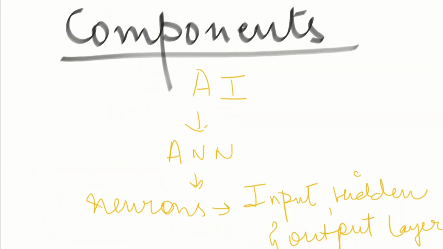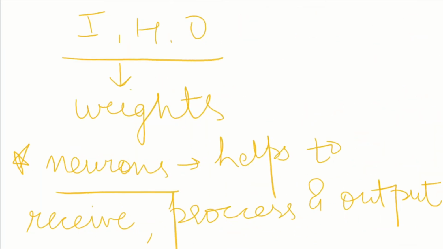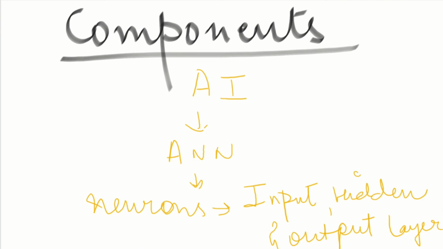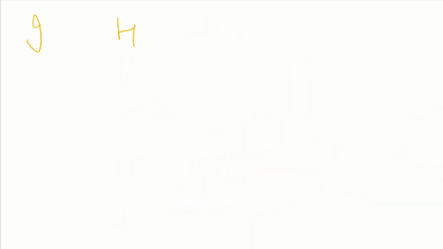From artificial intelligence, artificial neural network develops. It has neurons. Neurons are present in every layer of ANN, which is input layer, hidden layer, and output layer. Every layer is associated with some weights. And neurons being the important part help in receiving, processing, and retrieving the output. So these three layers, the input, hidden, and output, are the major components of ANN.